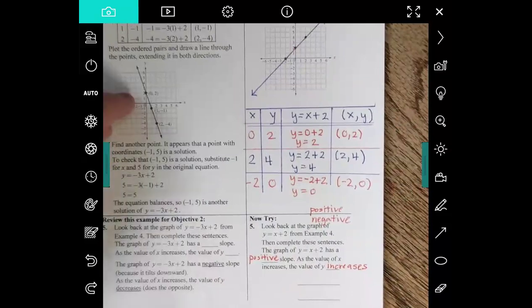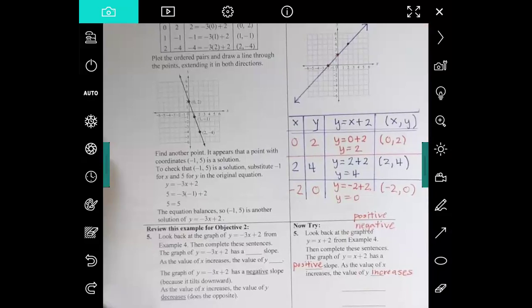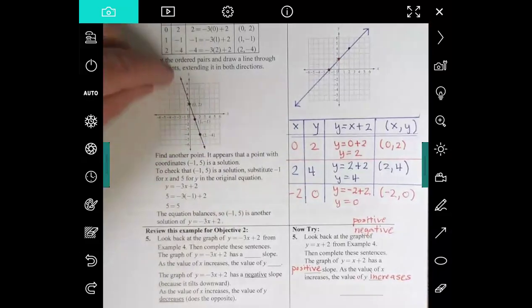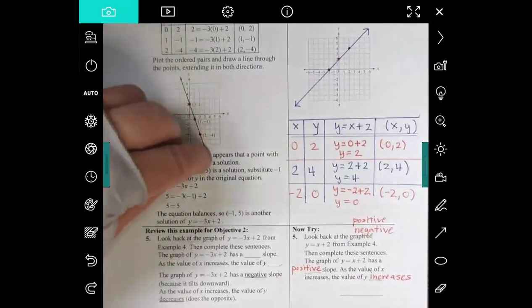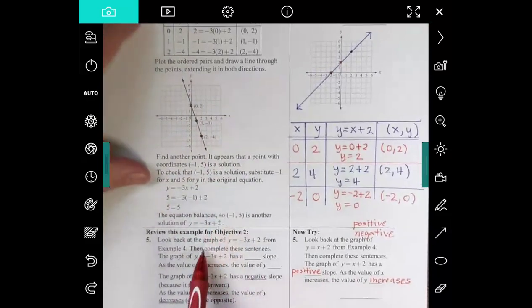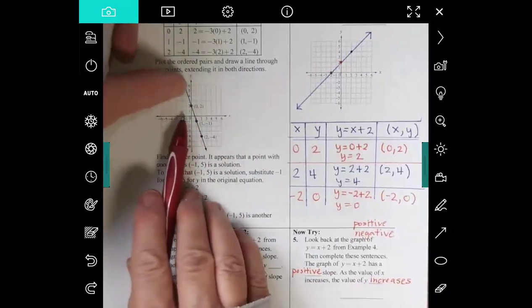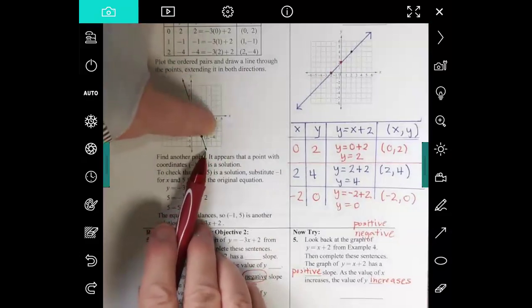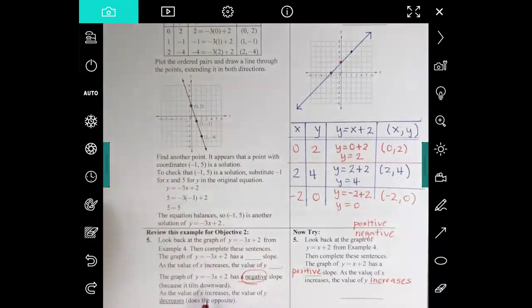I'd like to look briefly at this one over here. That's the secondary example. I haven't looked at what's on the next page, but on this one, as you trace the graph from left to right, you're tracing downwards. So its slope is going to be negative. And as the x's are getting bigger on the graph, the y values are getting smaller, they're decreasing.